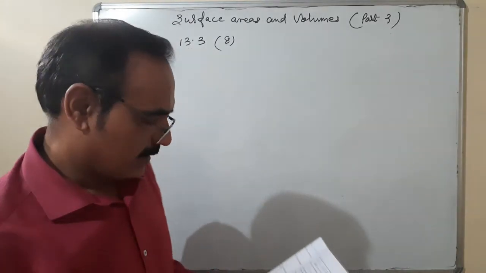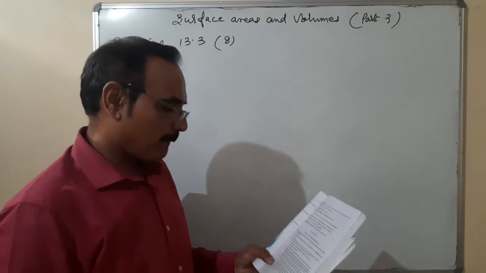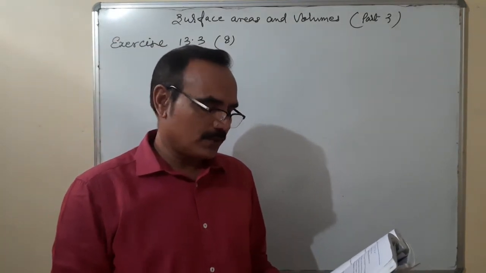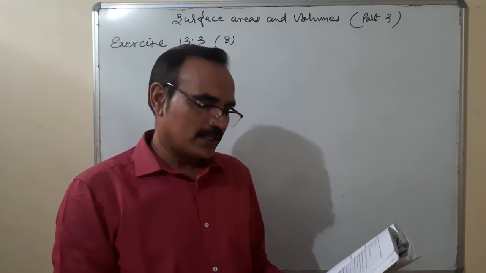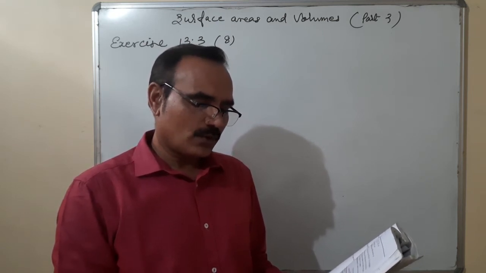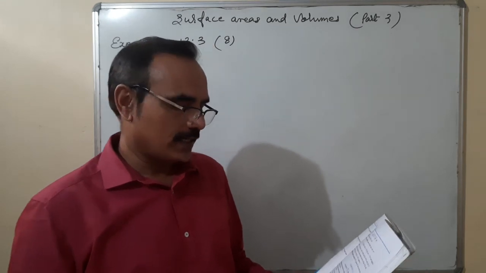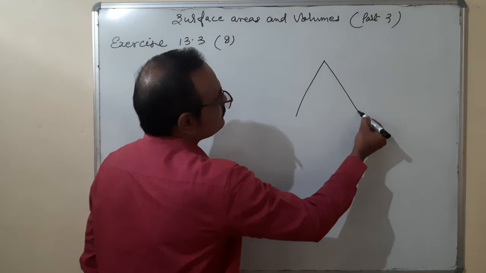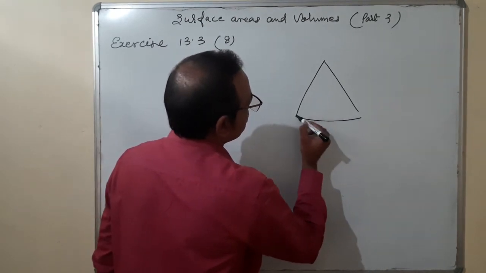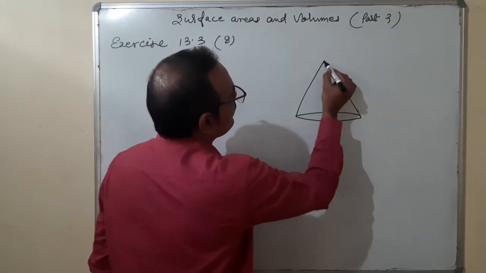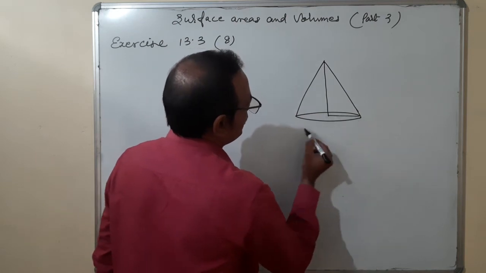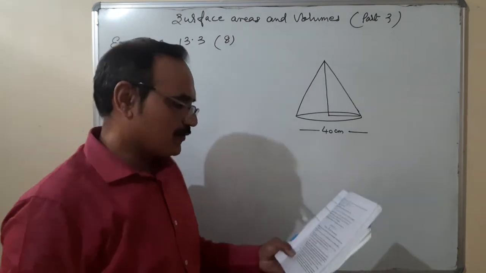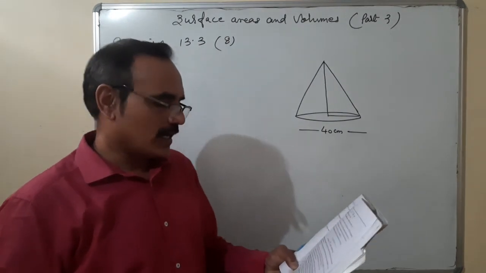Question number 8. A bus stop is vacated from the remaining part of the road by using 50 hollow cones made by the recycled cardboard. Each cone has a base diameter 40 centimeter and height is 1 meter.